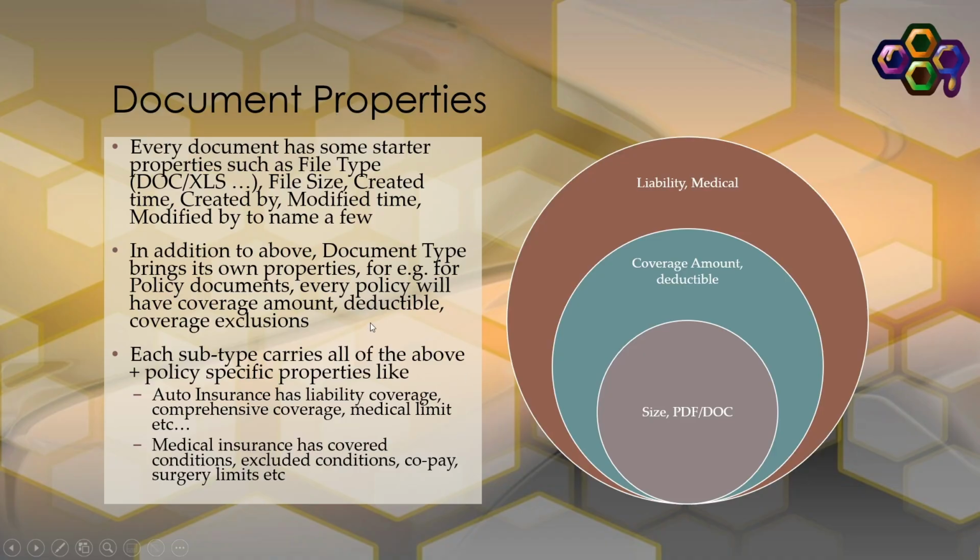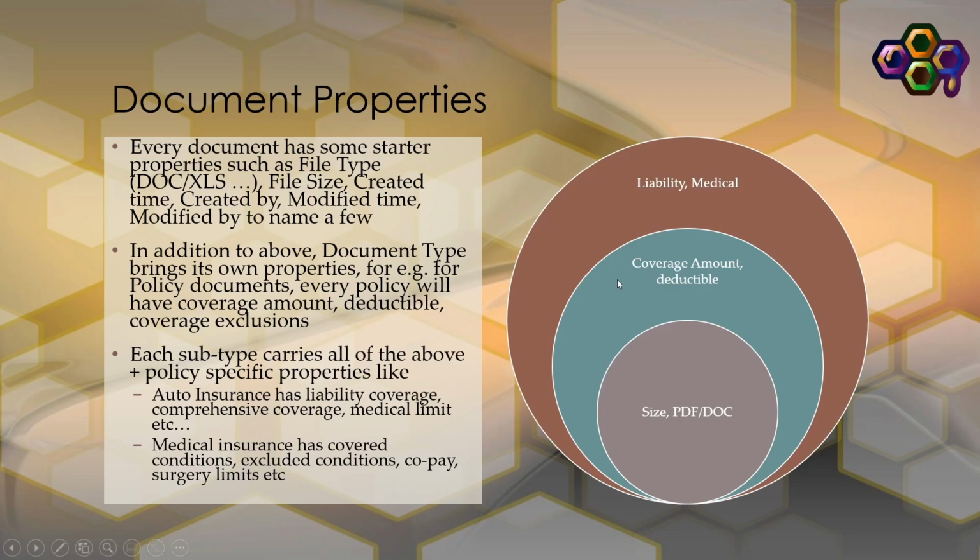On top of that, any document management system will have a document type with its own properties, such as policy documents will have common properties such as coverage amount and deductible, and on top of that the subtype, which carries all of the above, plus policy specific properties, like auto insurance policy specific properties like liability insurance, comprehensive, and the medical limits.